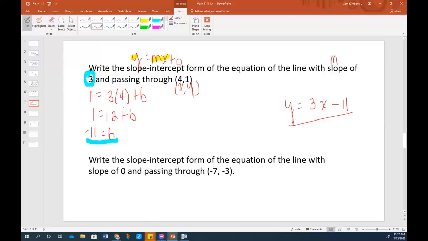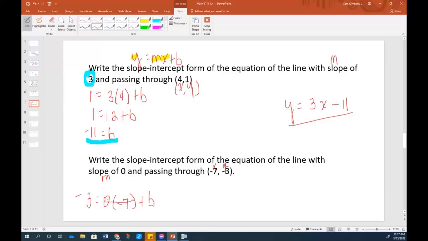All right, so let's look at our next one here. Slope-intercept form of the equation of the line with the slope of 0. That's the m of 0 and passes through the point. So again, I have an x and a y. Now, I can do this one the exact same way. So I have y equals mx plus b.